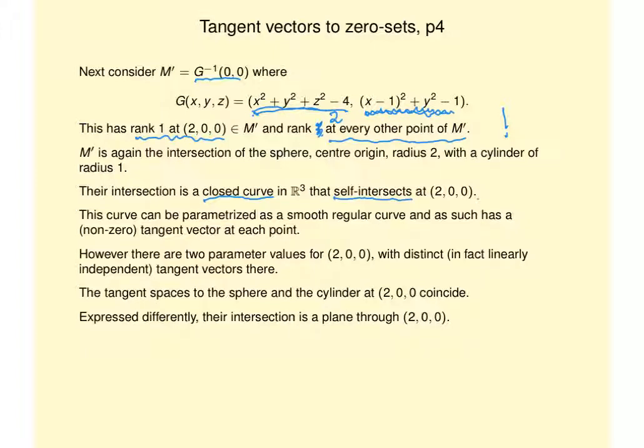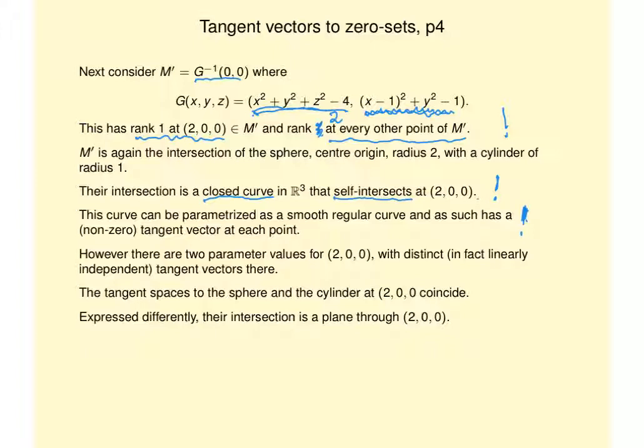And again, I urge you to find the curve. It's a simple matter of solving two quadratic equations simultaneously. And what you can also do, these exclamation points are meant to indicate exercises.